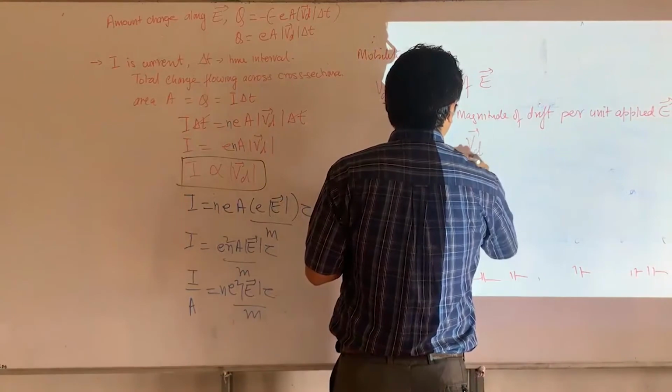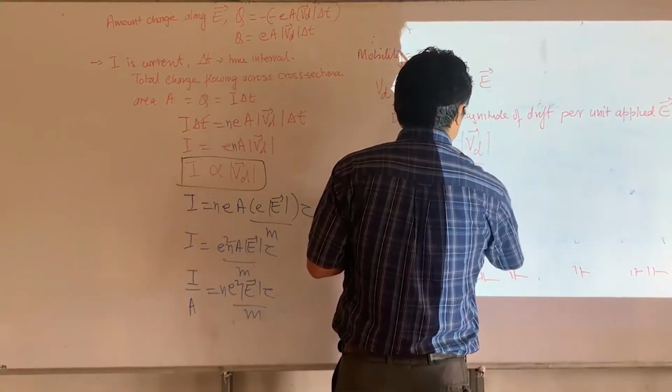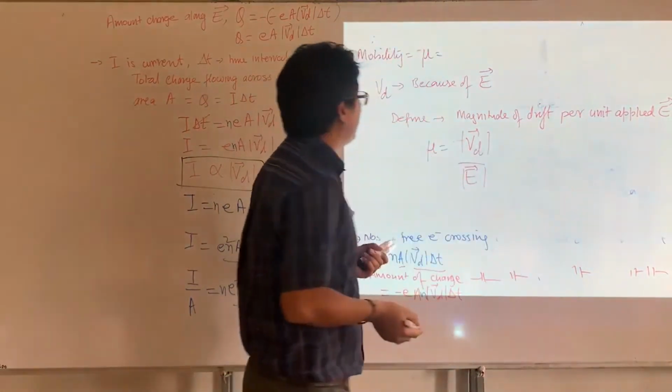This is the drift velocity divided by electric field.